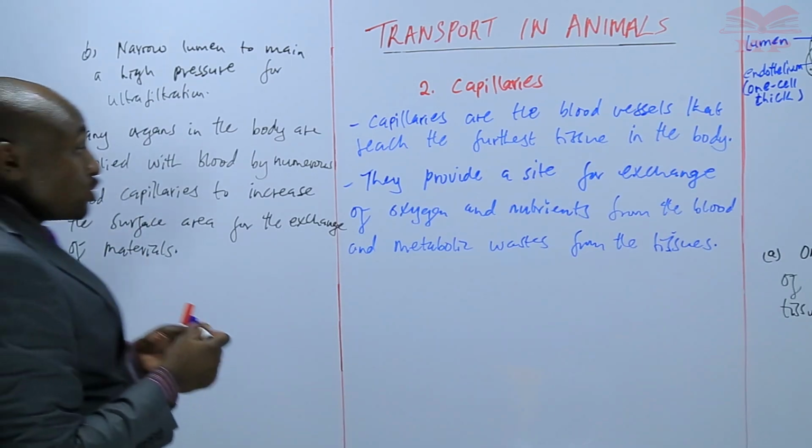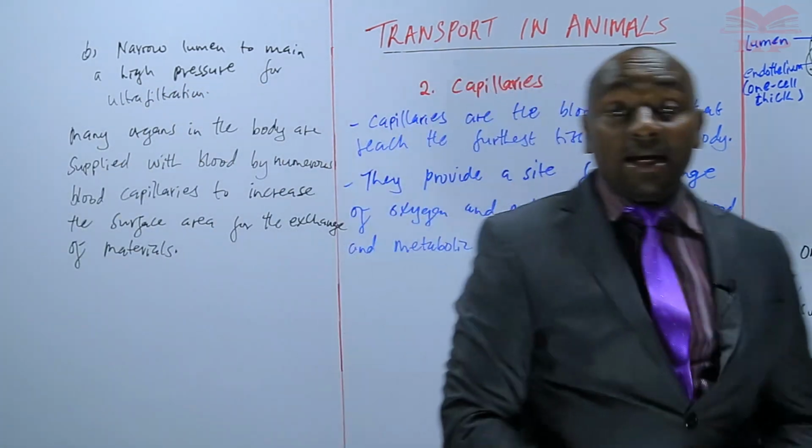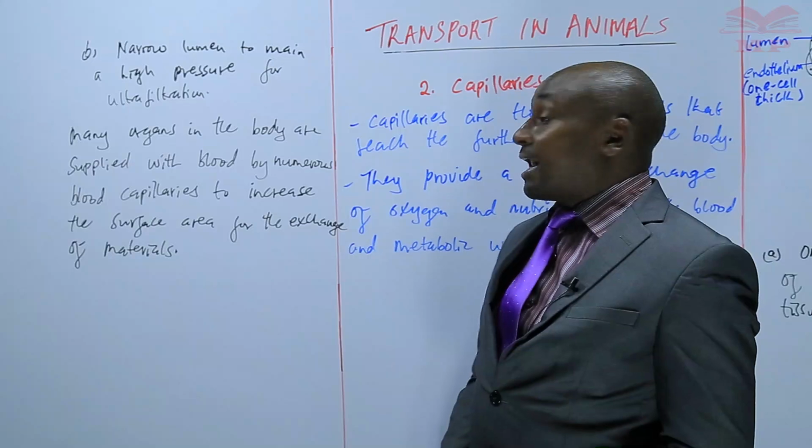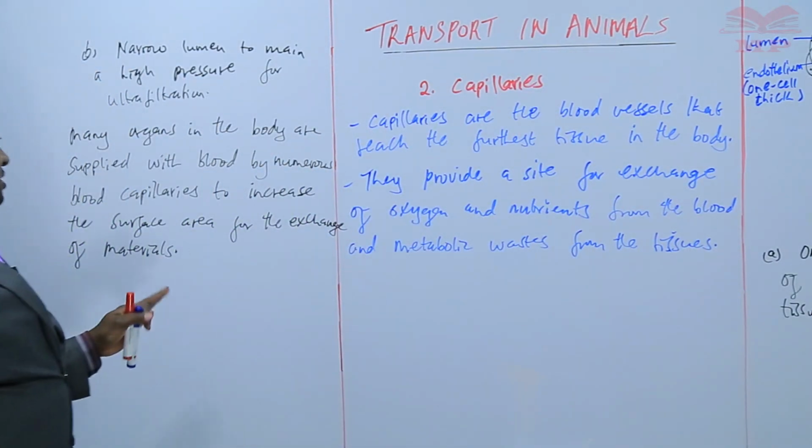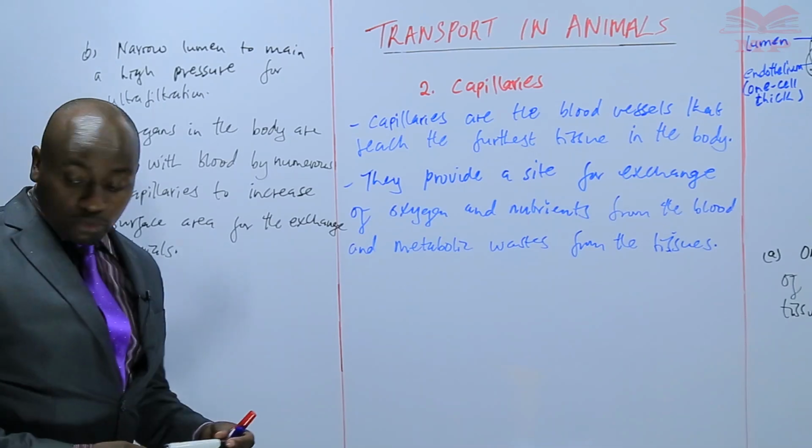So when there are numerous blood capillaries, then there is a large surface area for the exchange of materials that takes place in those parts of the body.